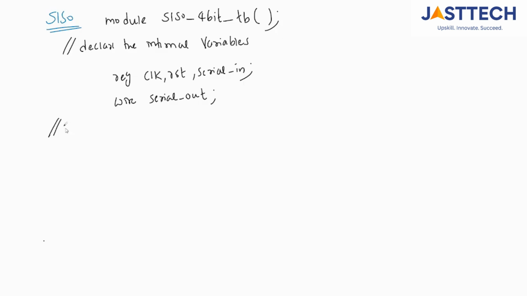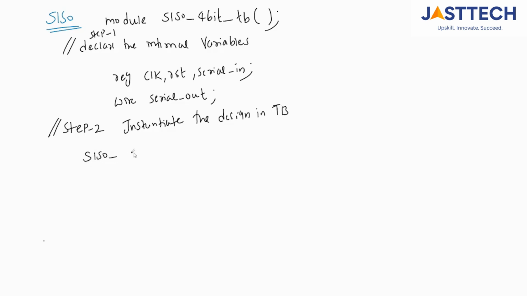So this is step 1: you need to declare the internal variables. Step 2 is you need to instantiate the design in the test bench. What is my design name?